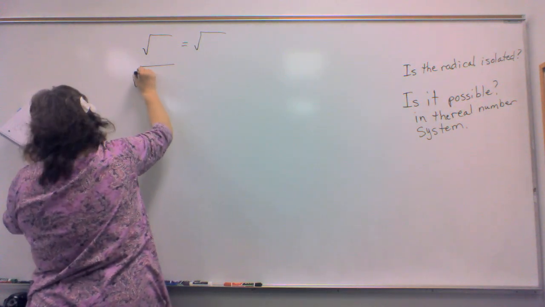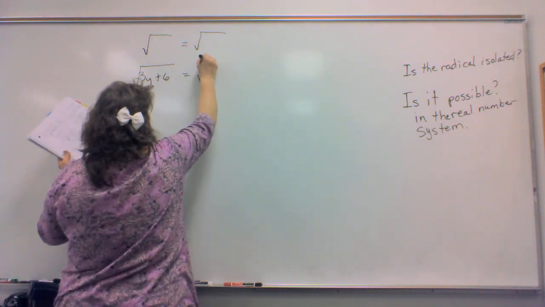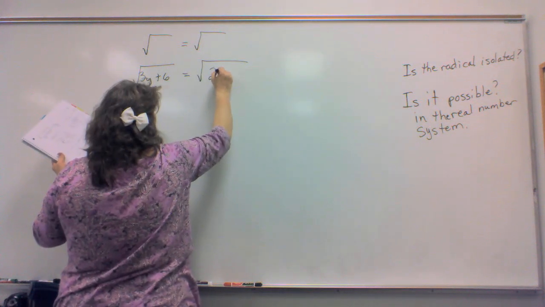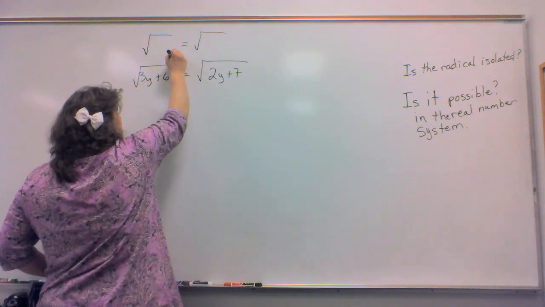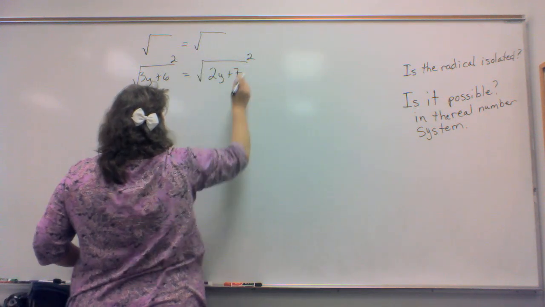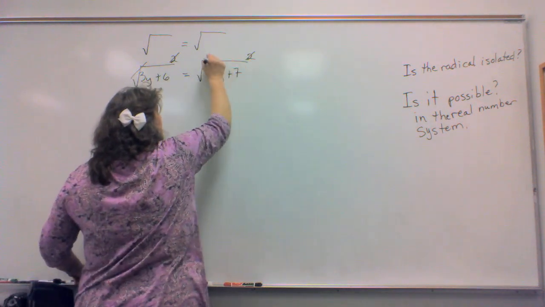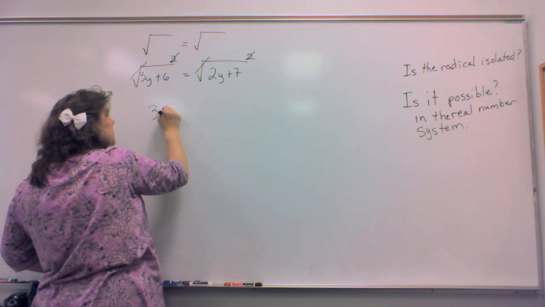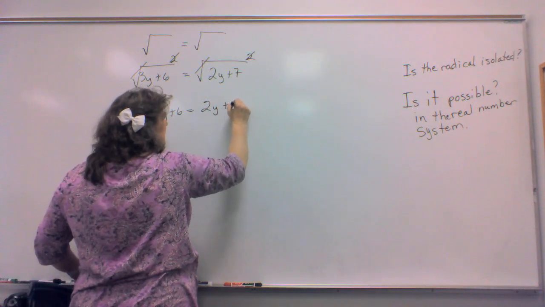Square root of 3y plus 6 is equal to the square root of 2y plus 7. Since everything is inside the radical, all you have to do is square both sides. That eliminates all the radicals, and you end up with 3y plus 6 is equal to 2y plus 7.